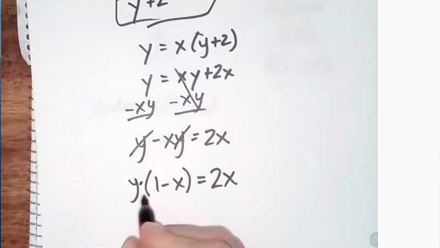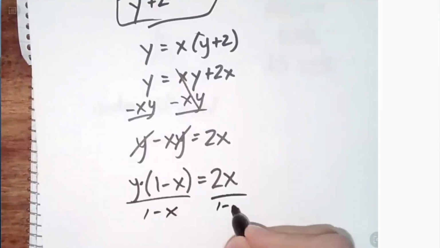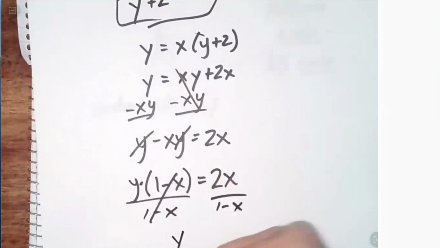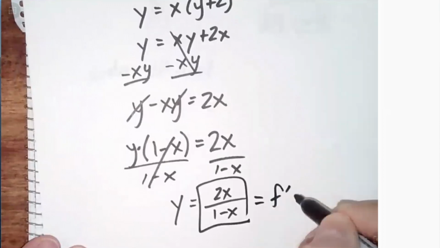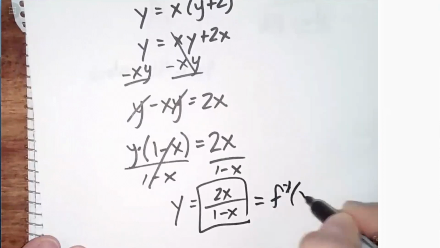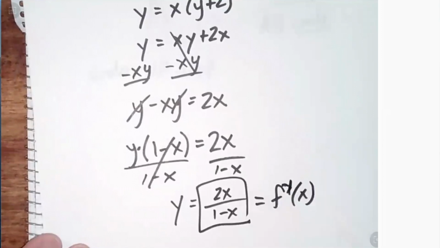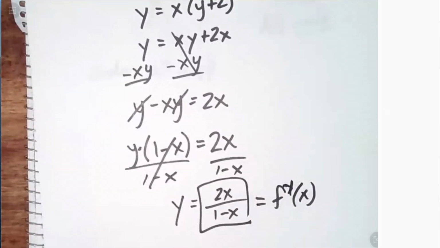Divide by 1 minus x. And there it is, the inverse of x. That's the answer.